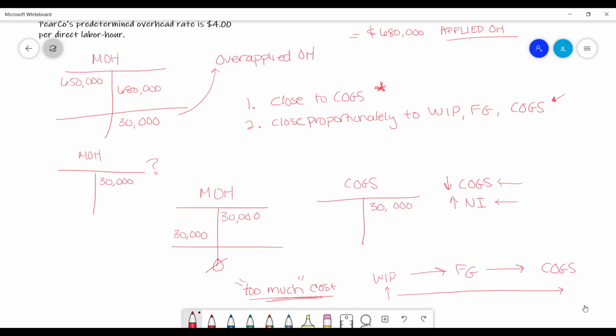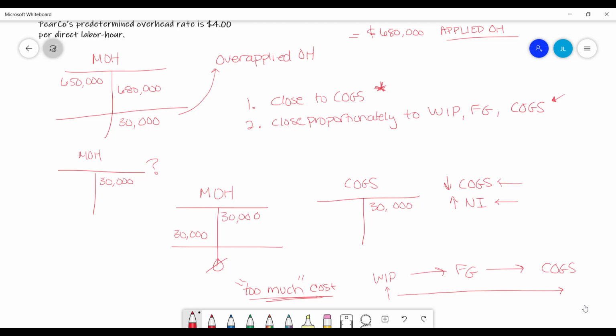So we're kind of proactively fixing this mistake using method 1 by saying, okay, although I might not have sold the goods yet that are responsible for the cost in question, I'm going to go ahead and decrease cost of goods sold now with this entry to fix that mistake.